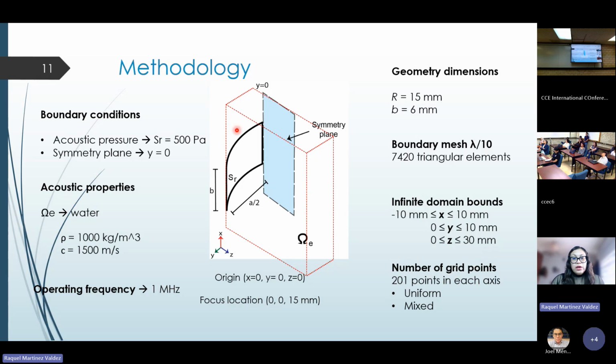Also, in this box, we need to define how many grid points we are using to calculate the acoustic field. So we use 201 points in each axis, and the distribution of these points was uniform or mixed. That console makes it automatically.